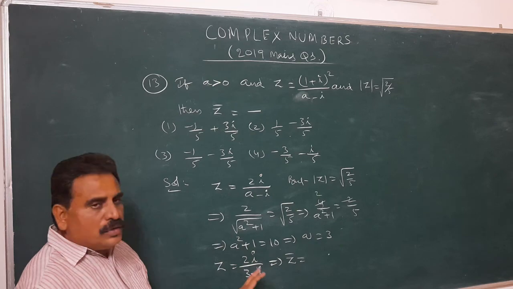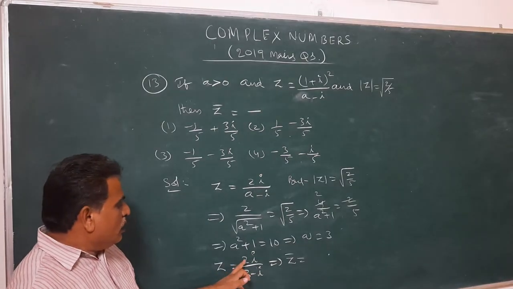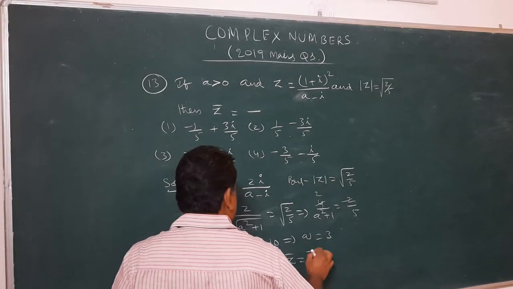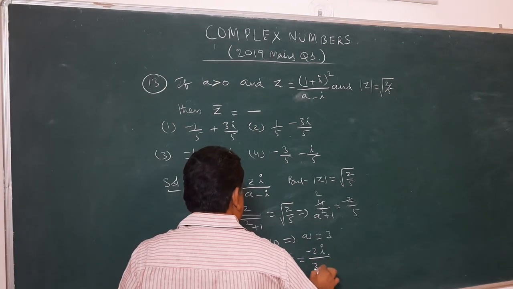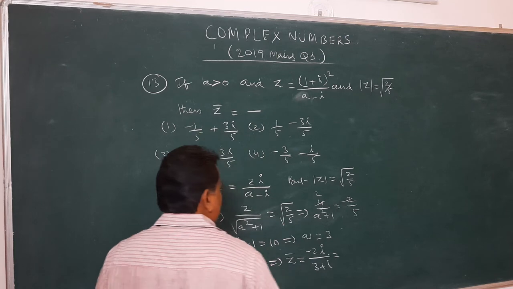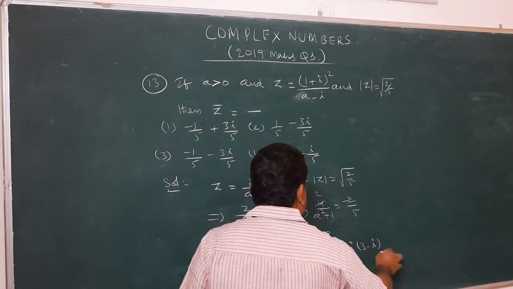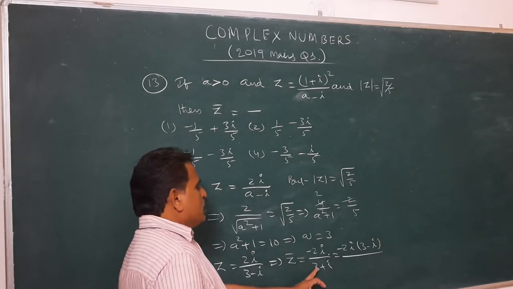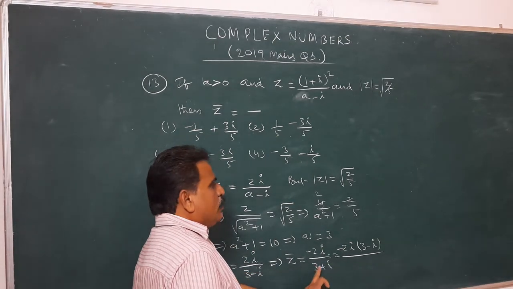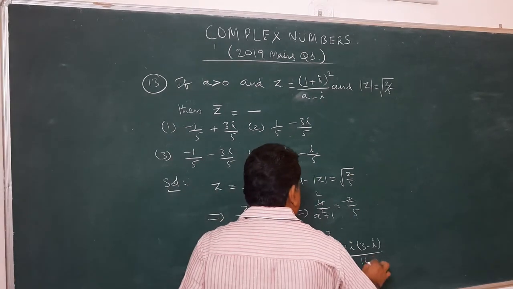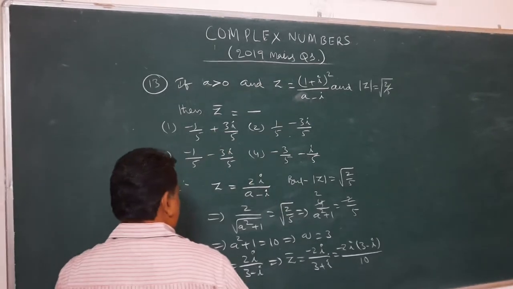Or z bar directly, that is one method: z bar equals minus 2i by 3 plus i. Rationalize this: minus 2i into 3 minus i by 3 plus i into 3 minus i, 9 minus i square, 9 plus 1, that becomes 10. Multiply that, equal to z bar.